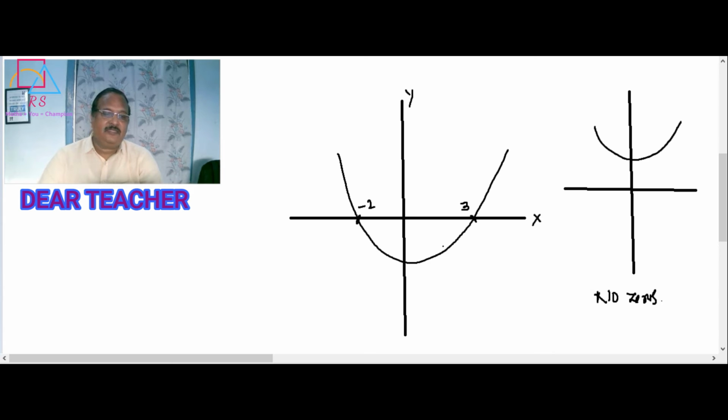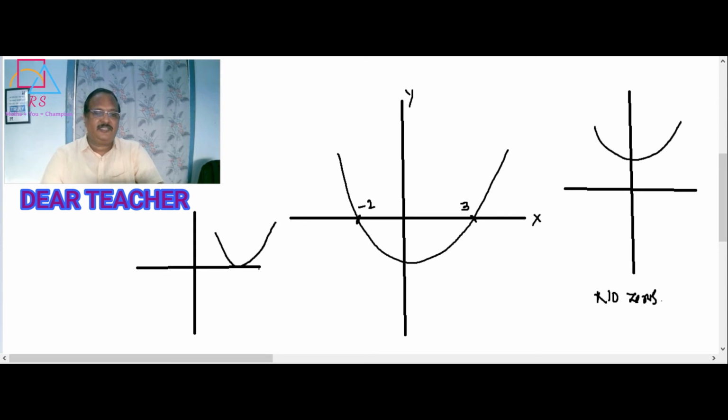Sometimes the graph will meet at only one point. I am drawing a U-shaped curve for all of these. Yes, this is also a possibility. Then this value is the zero of the polynomial.